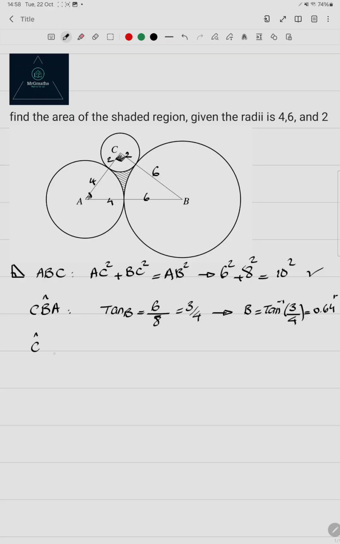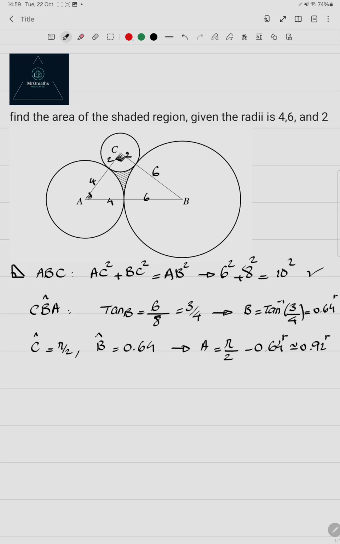So far we know angle C is pi over 2 radians, angle B is 0.64 radians, which makes angle A pi over 2 minus 0.64 radians, which is roughly, I don't have a calculator so I have to do this in my head, 0.92 radians. We have all the information that we need.